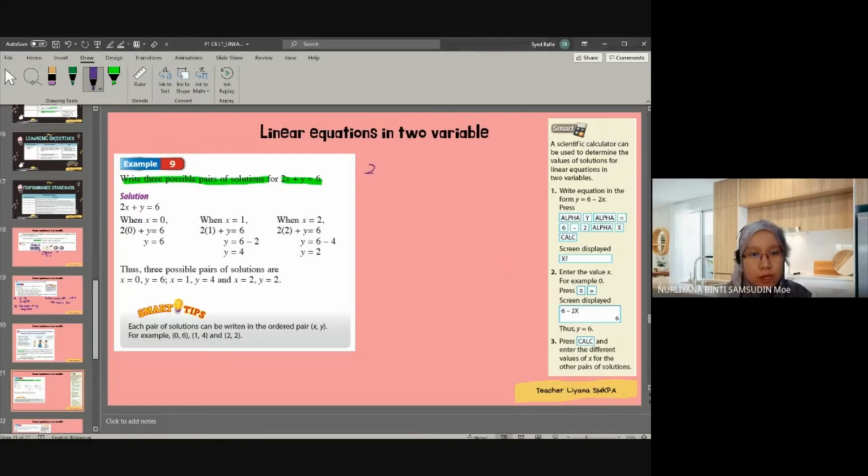Let's see. We have 2x plus y equals 6. By giving the possible values of one variable, you can get the value of the other variable. So in this question, they put x equals 0. You substitute the value of x equals 0 in this equation, meaning 2x now becomes 0, plus y equals 6.